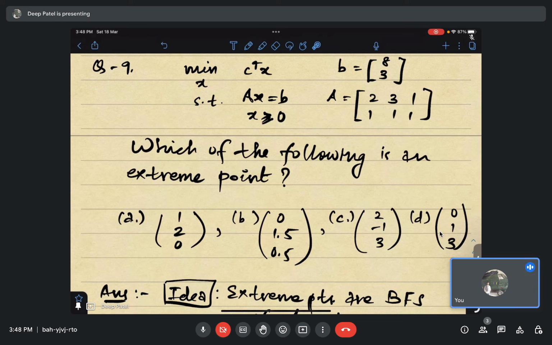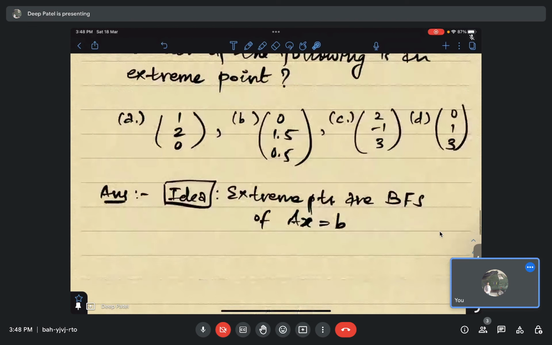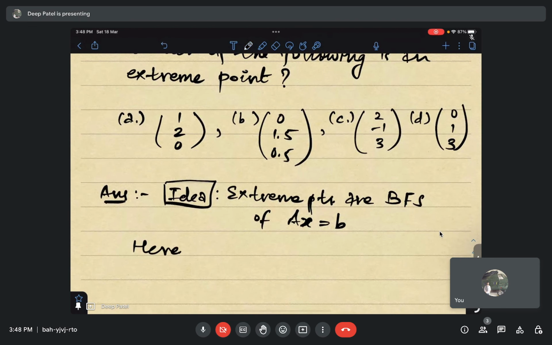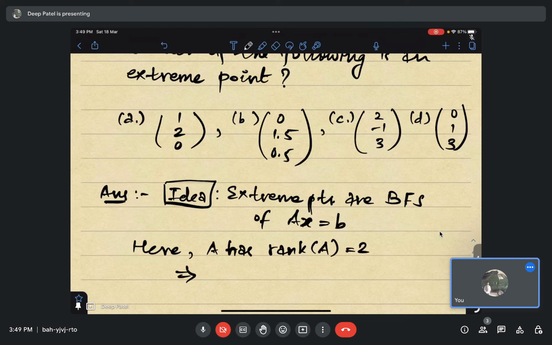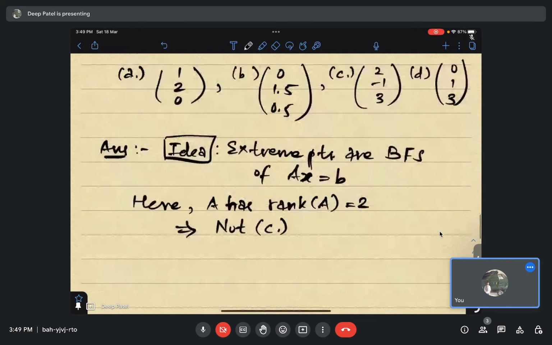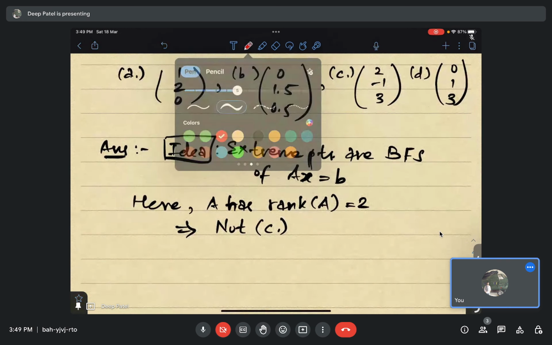Right. So that means that C is not possible. Here A has rank 2, which implies not C. Okay.